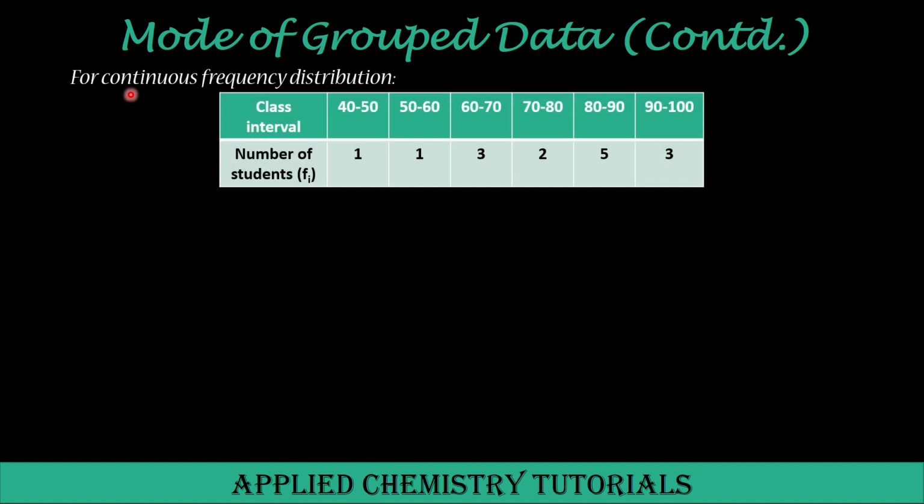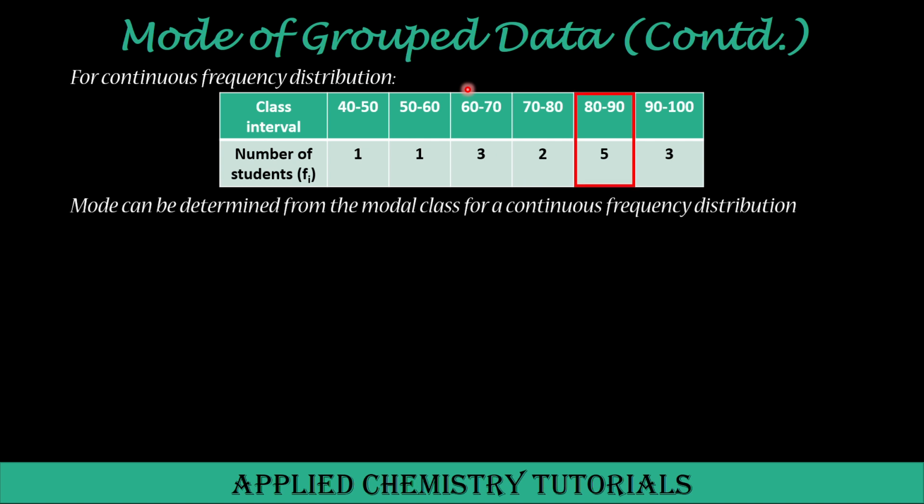Now we have the following table for the continuous frequency distribution, and we already obtained the modal class, which is 80 to 90. Now the mode can be obtained from this modal class.